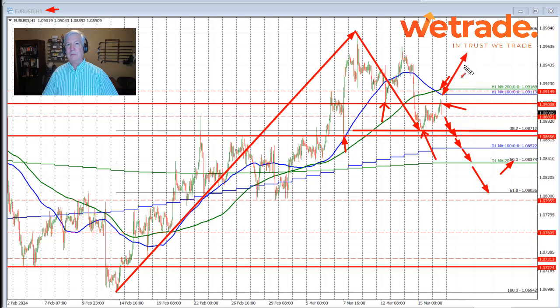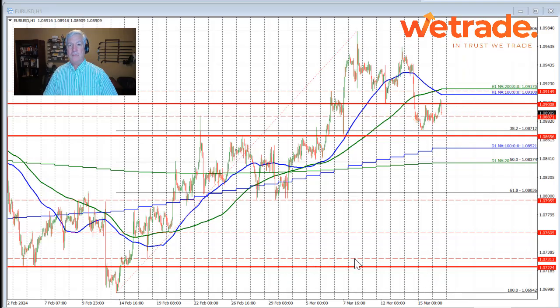So, this is what the price action roadmap would look like, getting up to and through there, and then up to the highs or down through here. But first off, we need to get out of this range right through here in order to get things going in this pair, and we can't do that so far today.